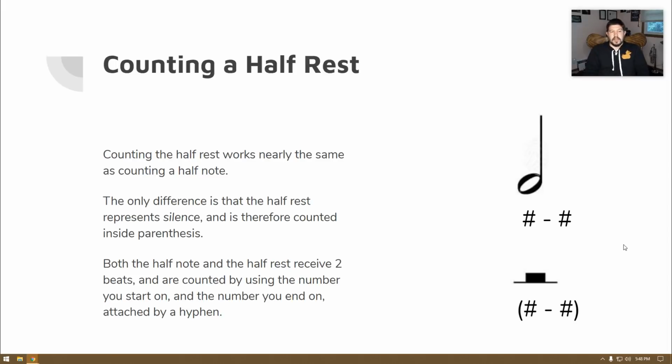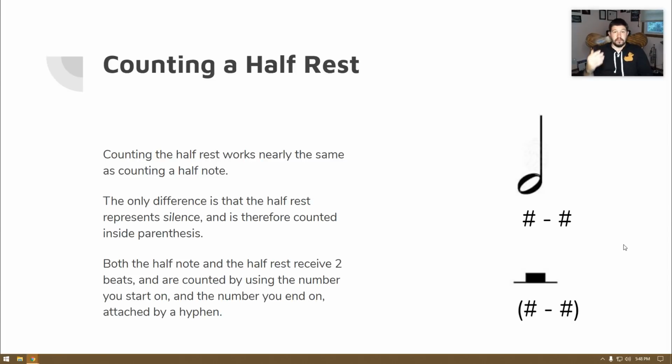Both the half note and the half rest receive 2 beats, which means they are going to be counted by using the number you start on, along with the number you end on, attached to one another by a hyphen. Now, this is important because that shows that those 2 numbers are part of the same note. Now, we just learned that eighth notes are 2 short sounds in the space of 1 beat.